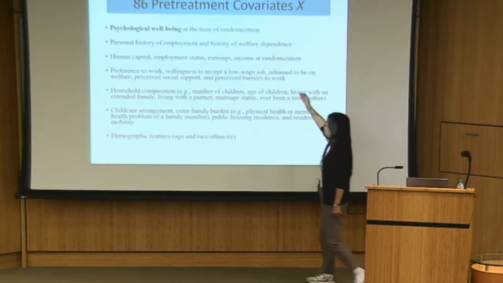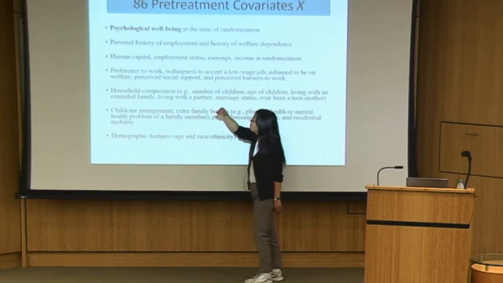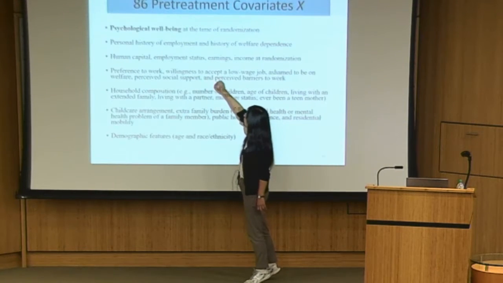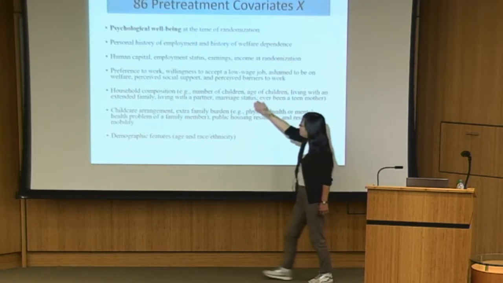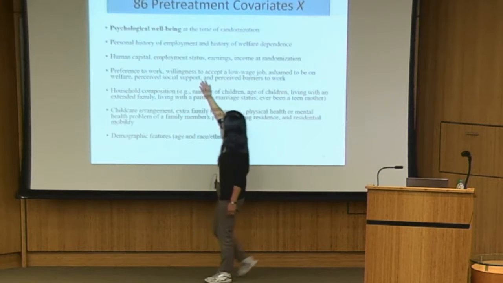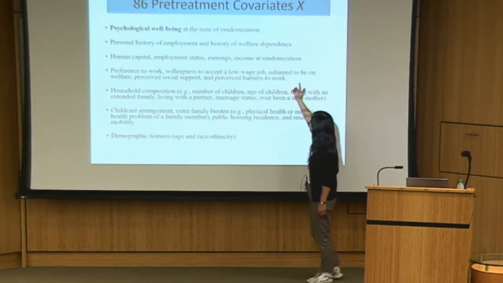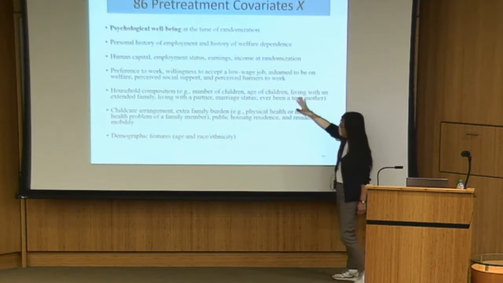We have their human capital, meaning their education background, their employment status at the baseline, their earnings, income at the time of randomization, and their self-reported baseline preference to work, willingness to accept a low-wage job, ashamed to be on welfare, perceived social support, perceived barriers to work, and so on and so forth.